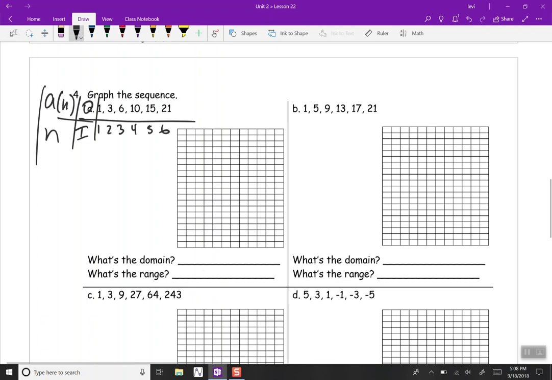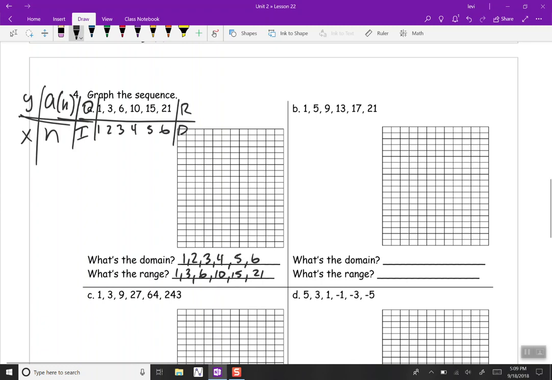Or this was our x, and that's our y. So our domain and our range. Our domain is 1, 2, 3, 4, 5, 6. Our range was 1, 3, 6, 10, 15, and 21.